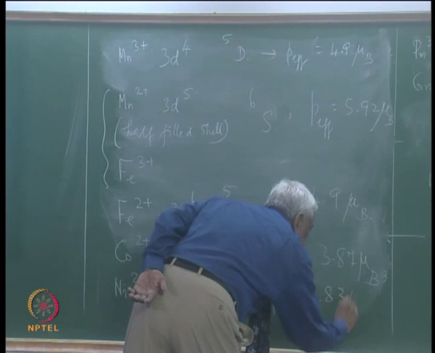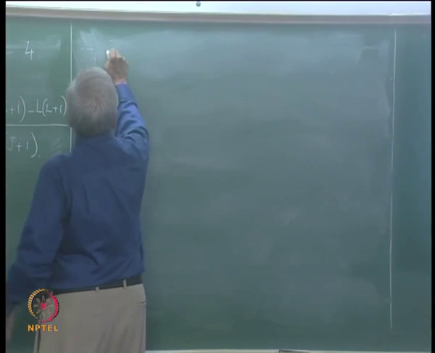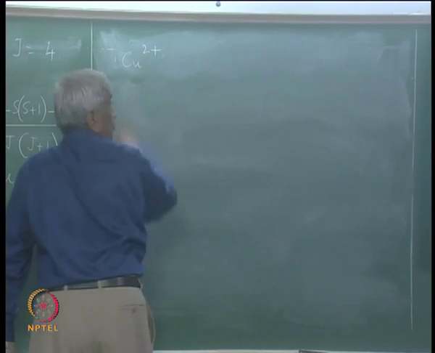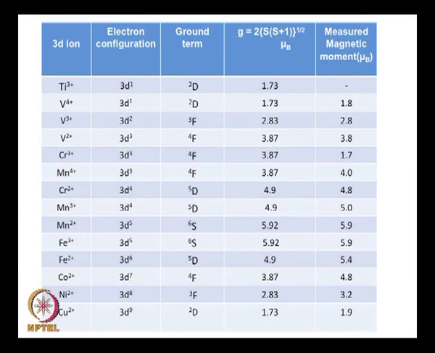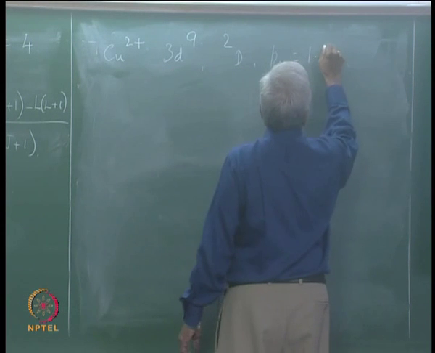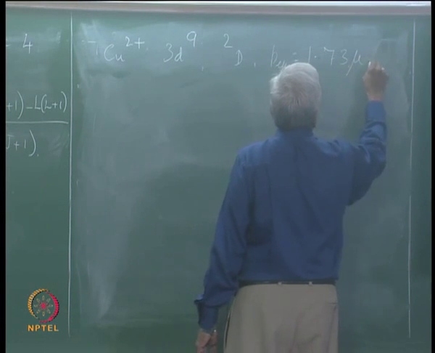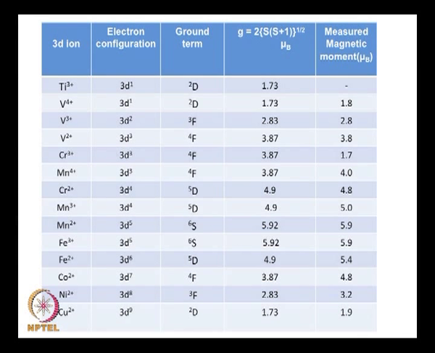Finally, we come to copper 2 plus, the cupric ion, which has a 3d9 configuration. So, it has a 2D ground term with the p effective of 1.73 Bohr magnetons. The experimentally measured magnetic moments are given in the last column in this table. So, we can see that the agreement with the spin only magnetic moment is fairly good.